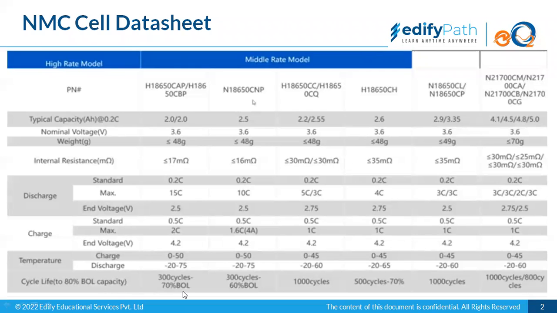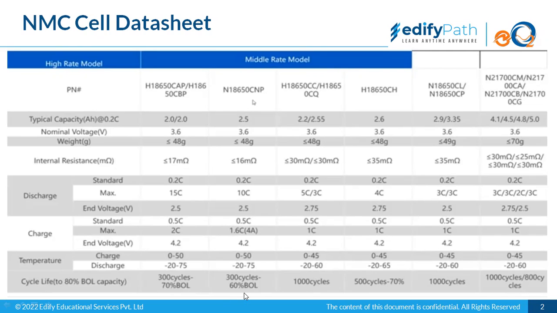That would happen normally when a certain number of cycles have passed, or we have used the battery for a certain number of cycles. You can see that in the first case it's 300 cycles, in the next case it's 300 cycles, and its capacity will go as low as 70% of its full battery level.